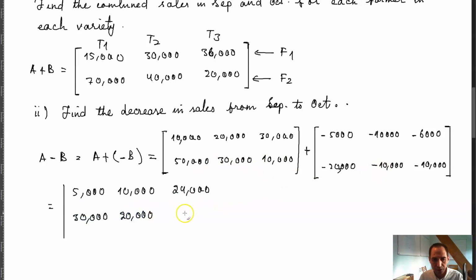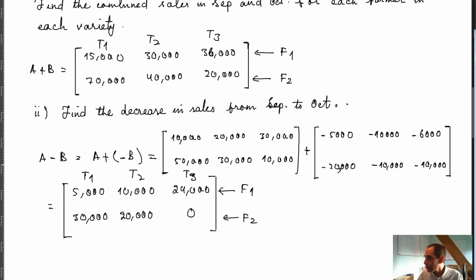And 10,000 minus 10,000 is 0. So there you have your matrix. That is the amount of decrease for farmer 1 and farmer 2 in each of the varieties type 1, type 2, and type 3. So that is the second part of this question.